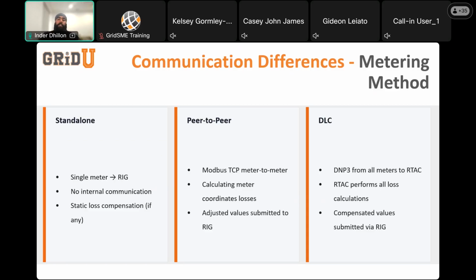And in the DLC method, all meters report to the RTAC using DNP, or if they're IONs, Modbus TCP. The RTAC performs all calculations centrally, and the compensated values are then forwarded to the RIG. In all three cases, the data path from the RIG to CAISO remains the same.